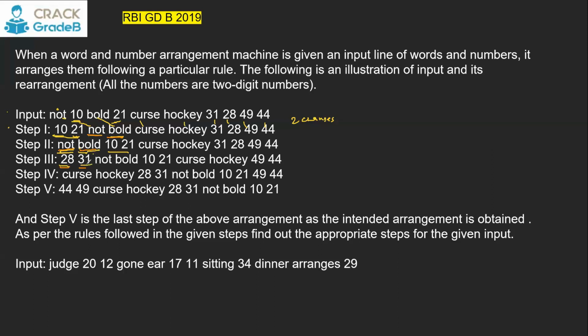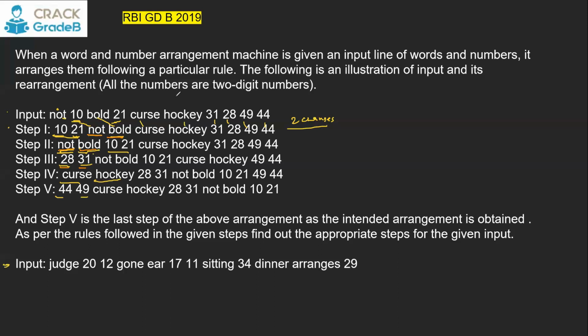Then the second smallest numbers, two numbers, they'll appear in front. Then similarly, the second smallest words, two words, curse and hockey, they will appear. And then the largest two numbers appear. Okay, so two changes happening per step. And this is what you have to use on this input to answer the question.